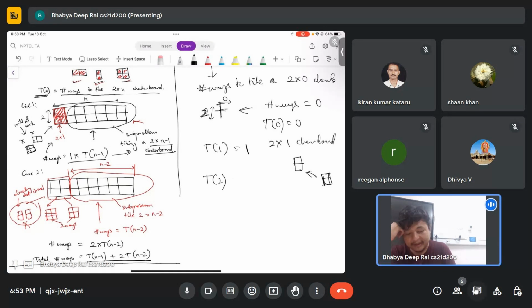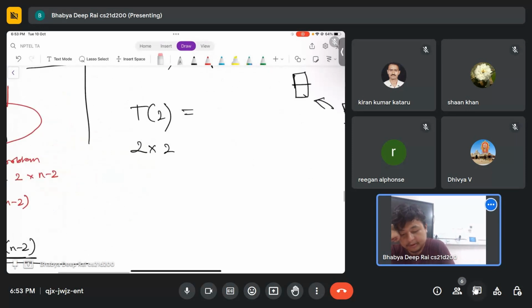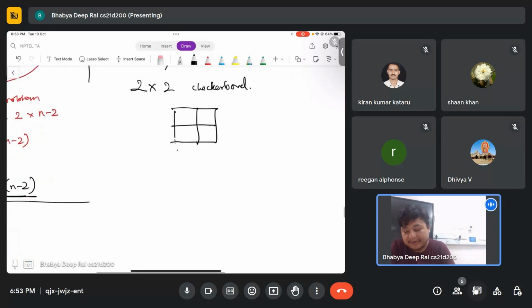Now, what is T of 2? T of 2 is for a 2 cross 2 checkerboard. What does a 2 cross 2 checkerboard look like? This. How many ways are there to tile it?